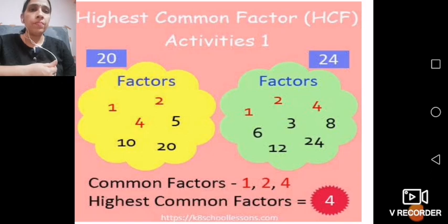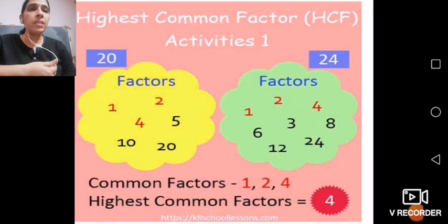So the factors of 20 are 1, 2, 4, 5, 10 and 20. Now the factors of 24 are 1, 2, 3, 4, 6, 8, 12 and 24.